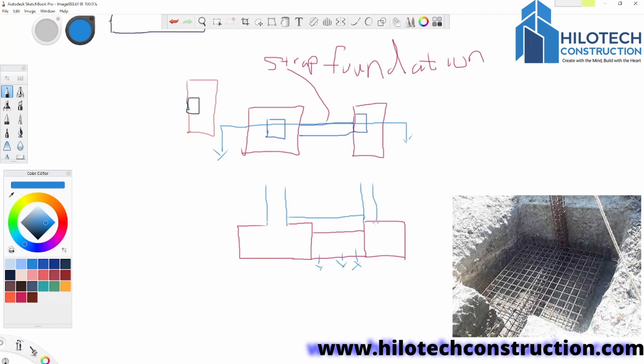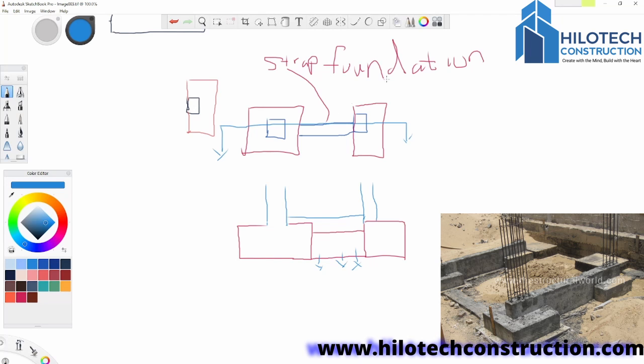So instead of allowing this pillar to have a footing like this, you connect the both of them with this beam, which rests on the ground at the same level at which all your footings are resting, and this is called a strap foundation. Of course this is also heavily reinforced. Let me demonstrate that by cutting a section.